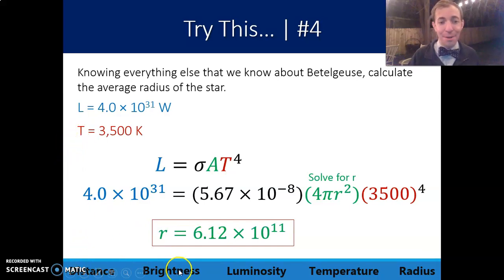But we have now completed all 5 of these properties that we set out to find. And again, the only values that we started with were the parallax angle and different measurements. We found the brightness in watts per square meter, and then that peak wavelength.